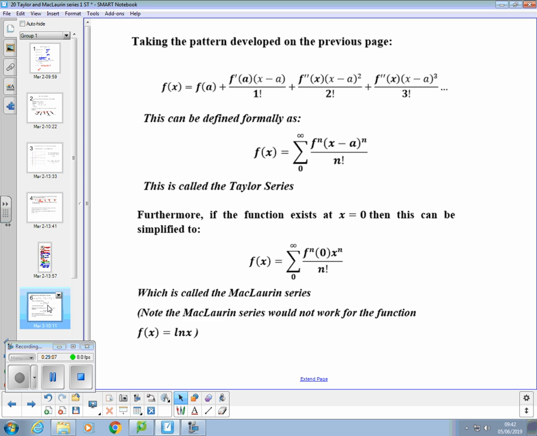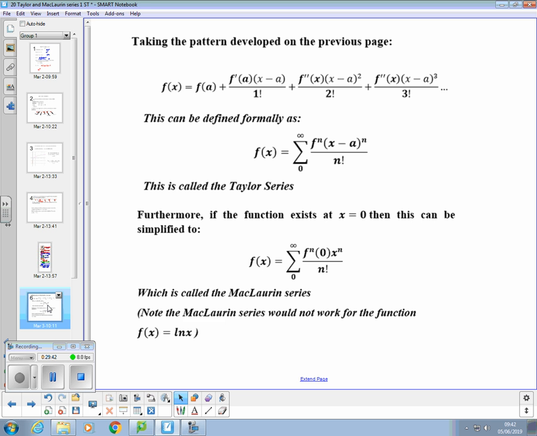So the x minus a bit disappears and you've got a much more simplified form. Because it exists at 0, we've got what's called the Maclaurin series. So we couldn't use the Maclaurin series for the natural log of x because it doesn't exist at 0. You'd have to use the more complex Taylor series on a natural log.